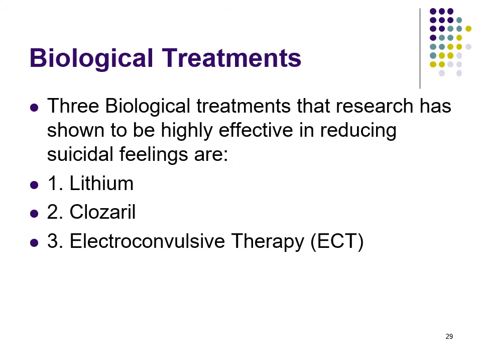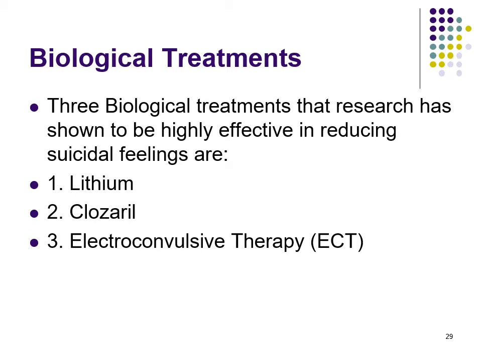All right, we have our 3 biological treatments that research consistently shows is effective in reducing suicidal feelings. And this is research that all of the psychiatrists have read because it's a big thing out in the field. There are some patients that are very suicidal, it's a constant thing for them. And so with somebody that's got a mood disorder, either depression or bipolar disorder, you'll see eventually the doctors will try lithium.